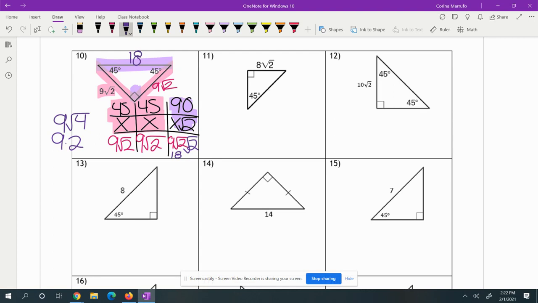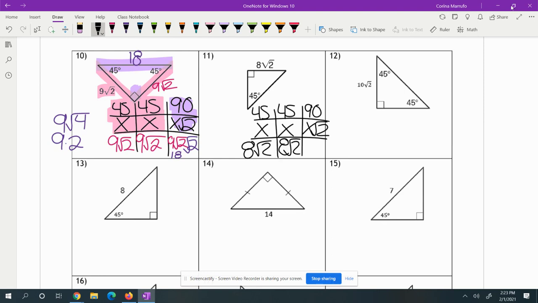Okay. So let's go ahead and try this again. So here we have a 45, 45, 90, which is x, x, x in the square root of 2. Okay, so my x's are 8 in the square root of 2, and the 8 in the square root of 2.